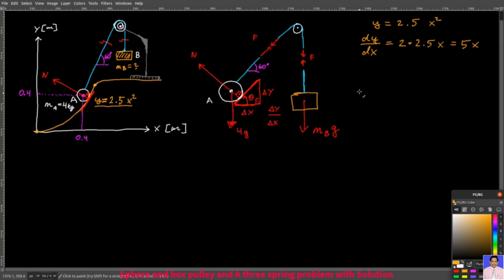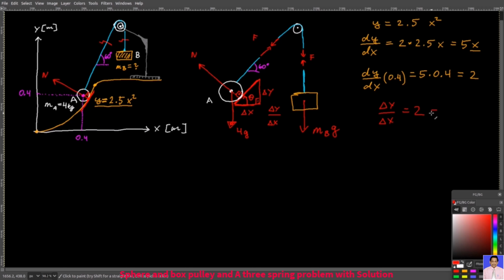And so in order to find that slope, I have to replace this x with 0.4. So dy over dx at x equals 0.4 meters, that's 5 times 0.4, and that gives you 2. So delta y over delta x equals 2.